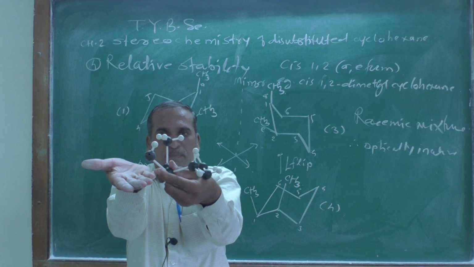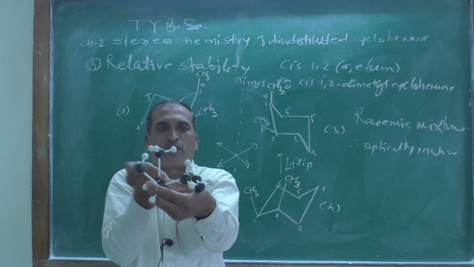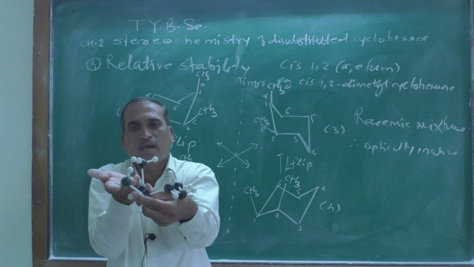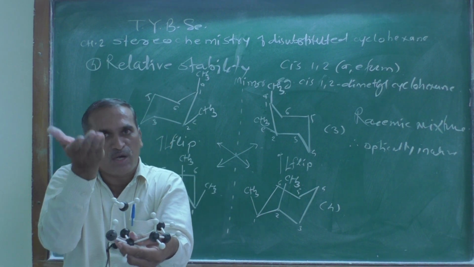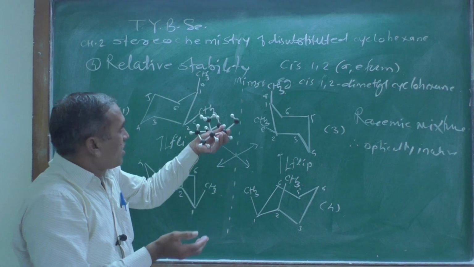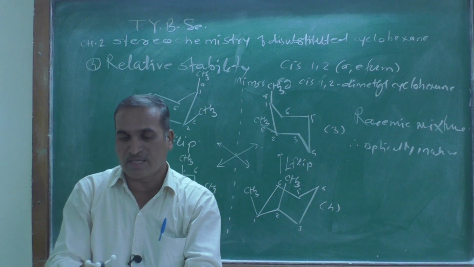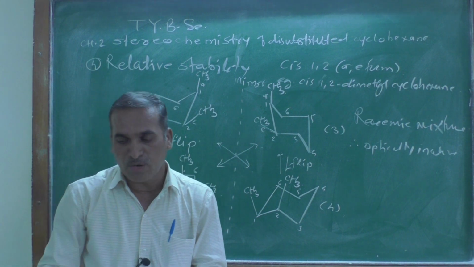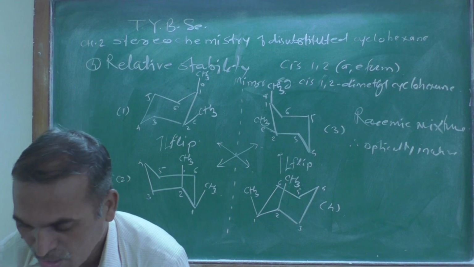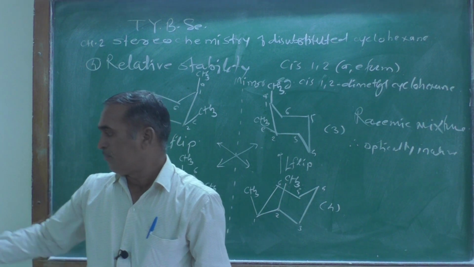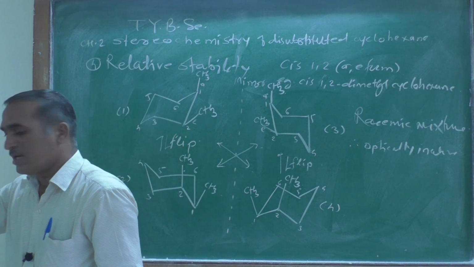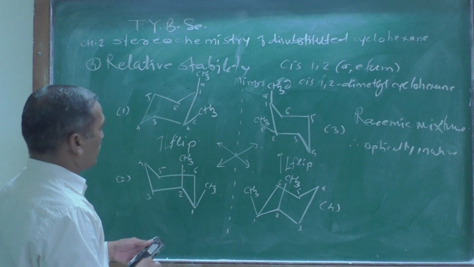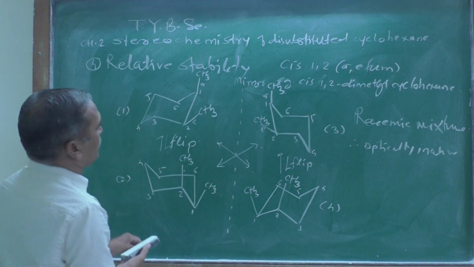If you put a plane here, these 4 bonds are in the same plane, and both methyl groups are coming on the same side, and that's why it is cis. Now how do you calculate the energy of this conformation? All are identical now.